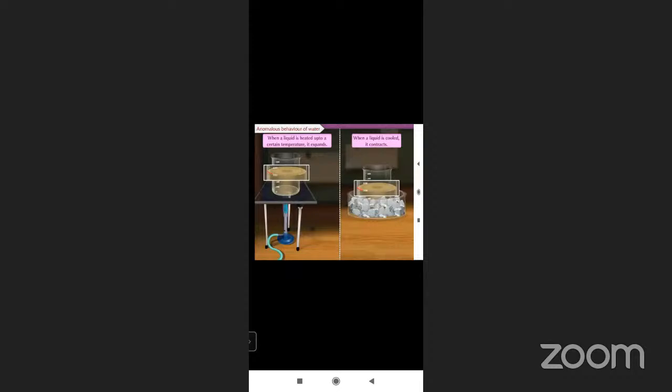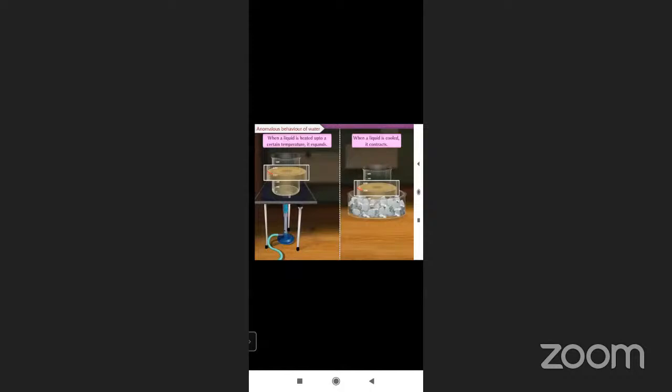Yes. If the temperature of the object is lower than our body temperature, for example ice, we feel the object is cold.